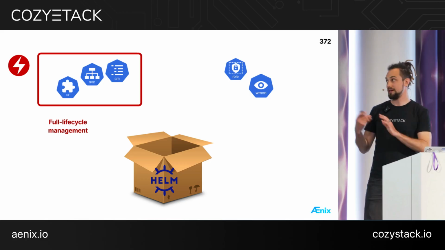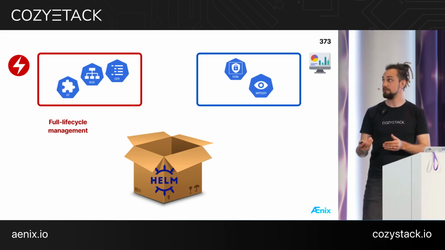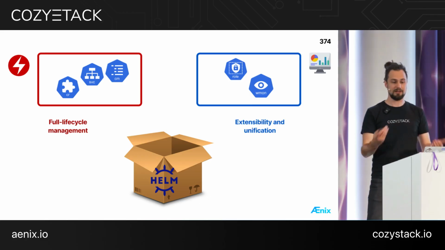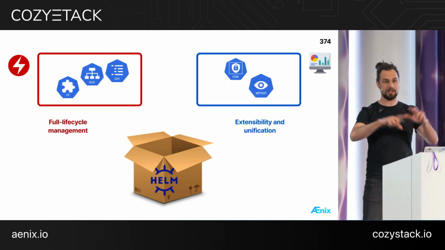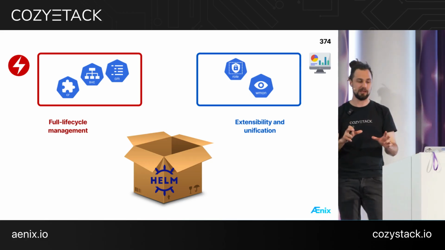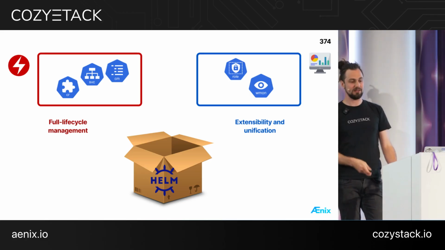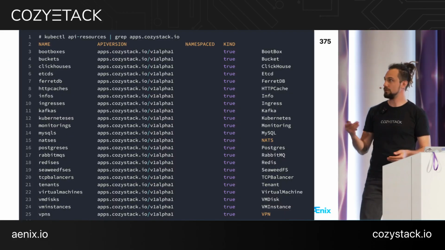And we have our custom resources, which implement better visibility for the user and provide extensibility and unification. The same way, we created a framework where you can define your application as parts of Helm charts and have a common unified API for your users.